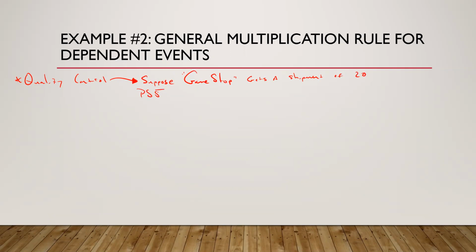And they don't know this, but imagine that 16 are working correctly, and 4 are not. They don't know this ahead of time. But 16 of these PlayStation 5s work perfectly, and 4 of them are not working at all. Like if you plug them in, they don't work, or there's some software glitches, whatever.